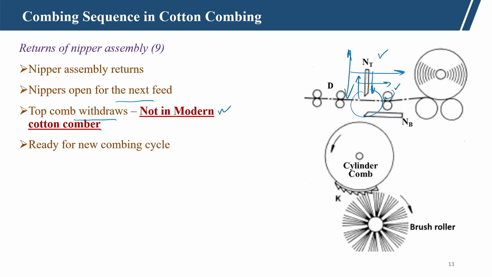So, the next cycle will start, like it starts with the feeding, and it starts with the cylinder combing. And the last part is that this cylinder comb is actually filled with the short fibers, neps, whatever materials have been removed from this web, and that has to be cleaned.